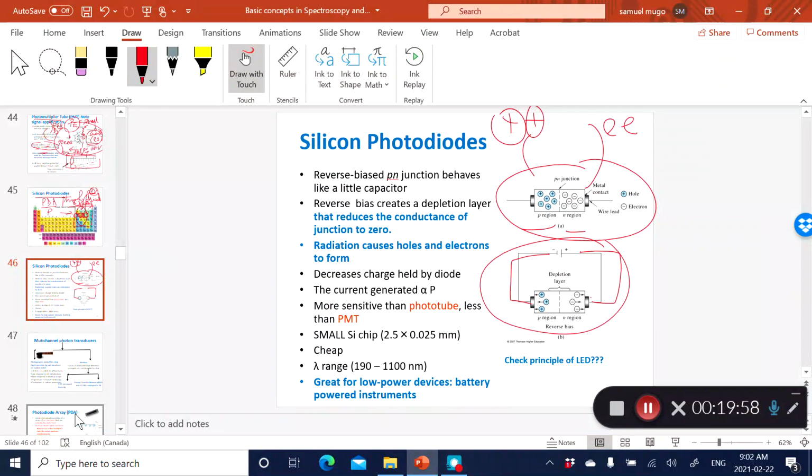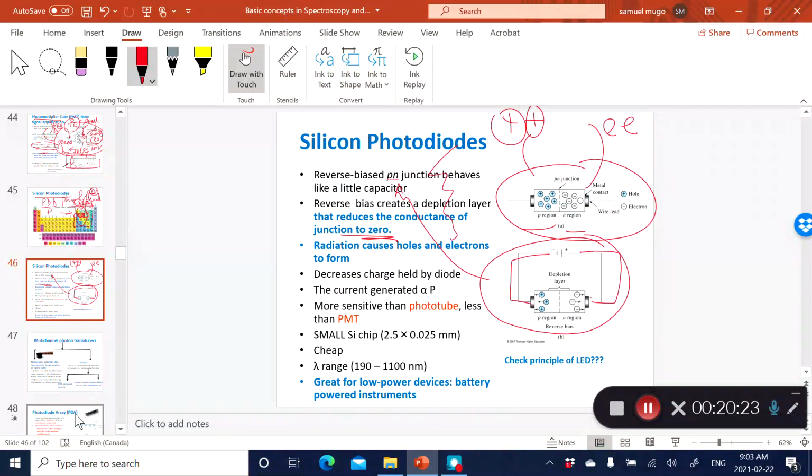What I have now is what you refer to as a reverse biased PN diode, and it actually behaves as a capacitor, because it is holding charge inside that material, and there will be no current flowing.